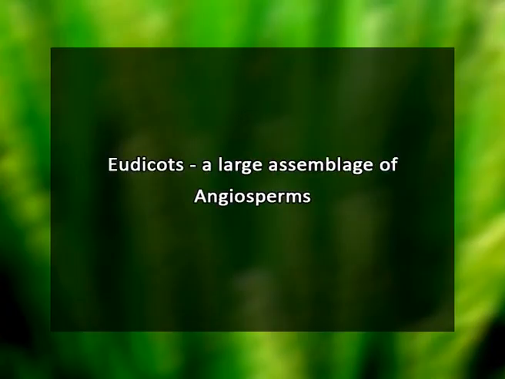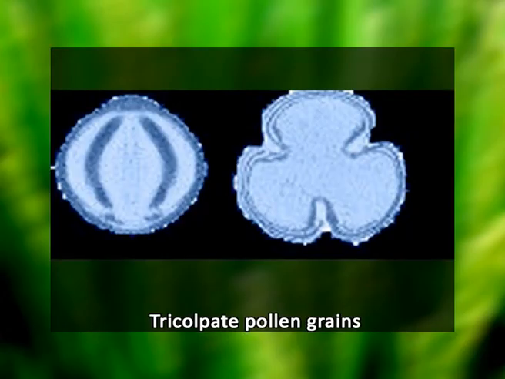The fourth group of angiosperms is called Eudicots. Eu means here the true dicots. It's a large assemblage of angiosperms which is characterized by many apomorphies. Apomorphies means the shared derived characters. The apomorphies in Eudicots are: number 1, the tricolpate pollen grain.